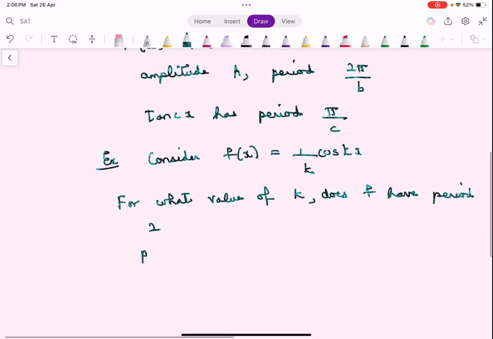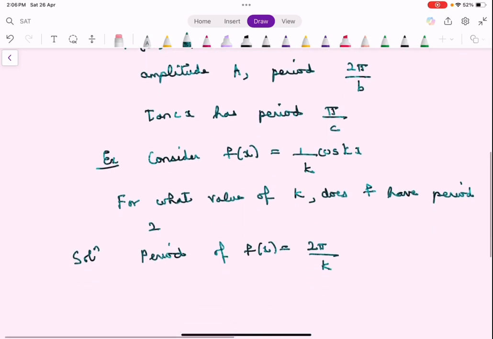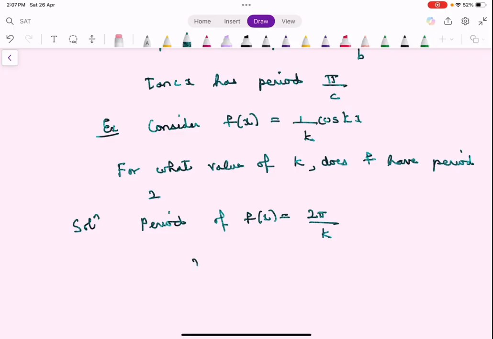Coming to the solution, the period of f of x is 2 pi by k, that we just saw, because cos x has period 2 pi, so cos kx will have period 2 pi by k. The period is 2 means 2 pi by k has to be 2. So solving, you get k equal to pi.